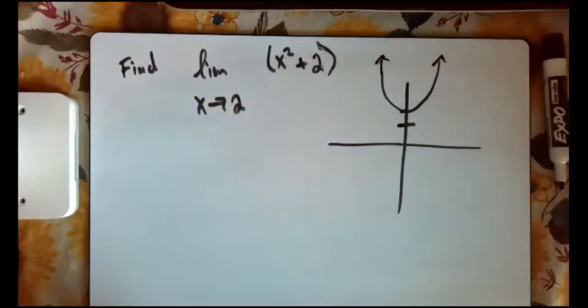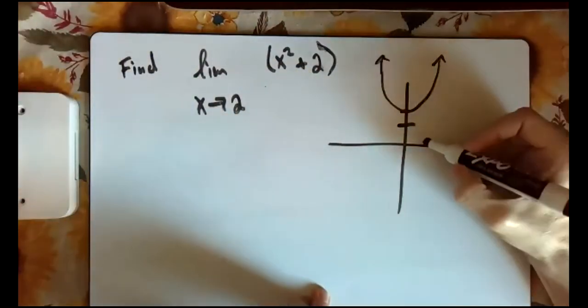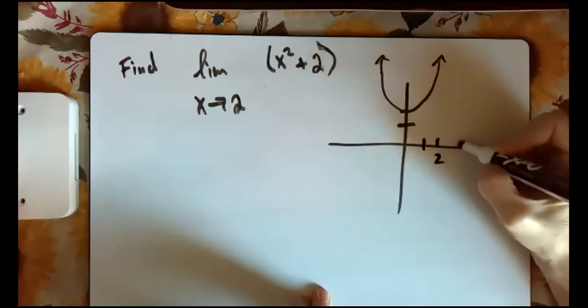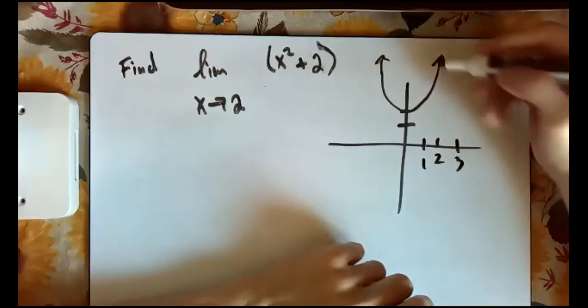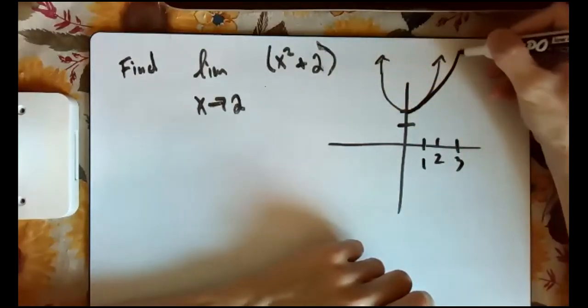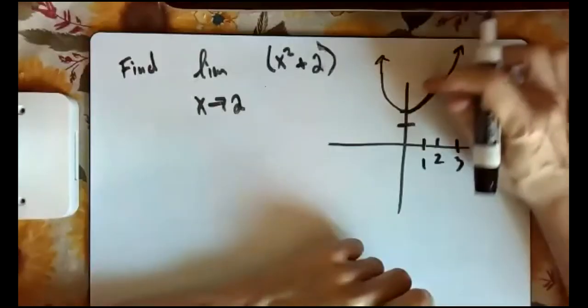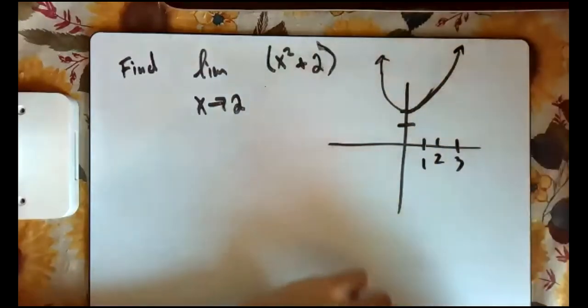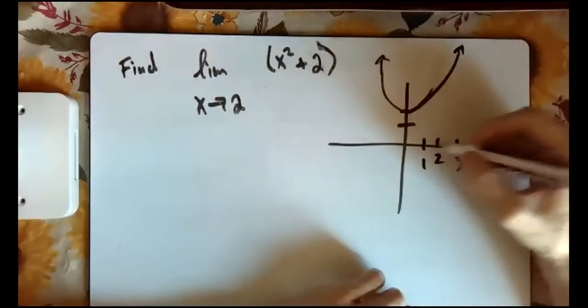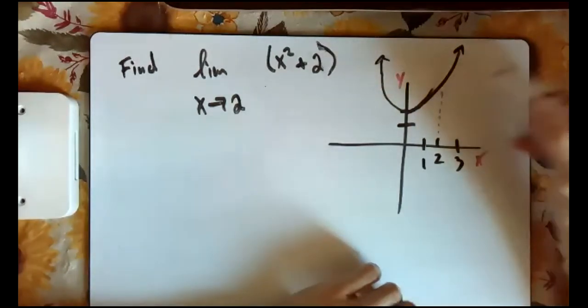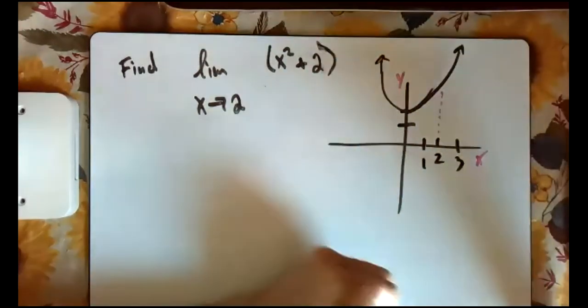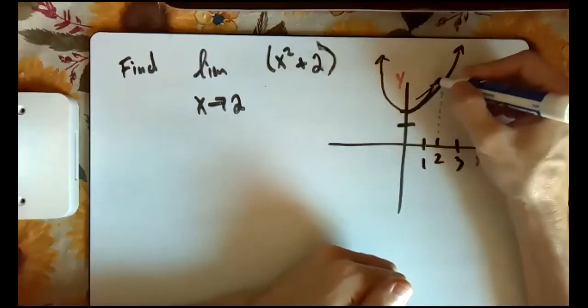So what are we looking for? We're asking, as we get closer to 2, x equals 2, let's draw this out more to make it look a little better. As x gets closer and closer to 2, where's my y value going, right? So basically we're walking to 2, like right here.